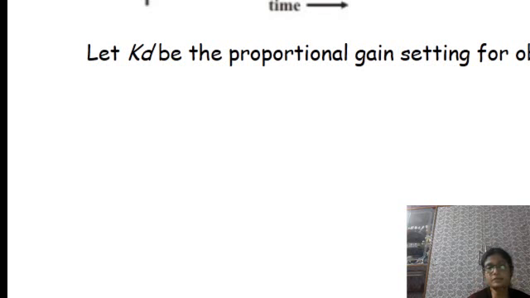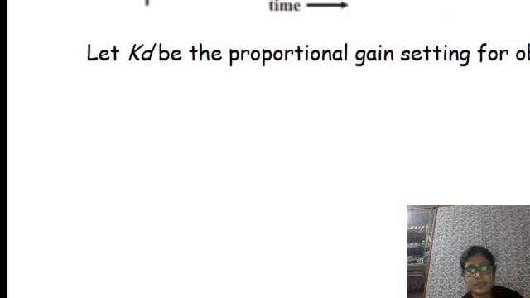Actually, for most processes, sustained oscillations are not permitted. To avoid this, another model is proposed by Harriot, that is the damped oscillation method, and this is the most common method, where again it is initially experimented with proportional mode only in closed loop, and adjusted from the oscillation and the decay ratio.